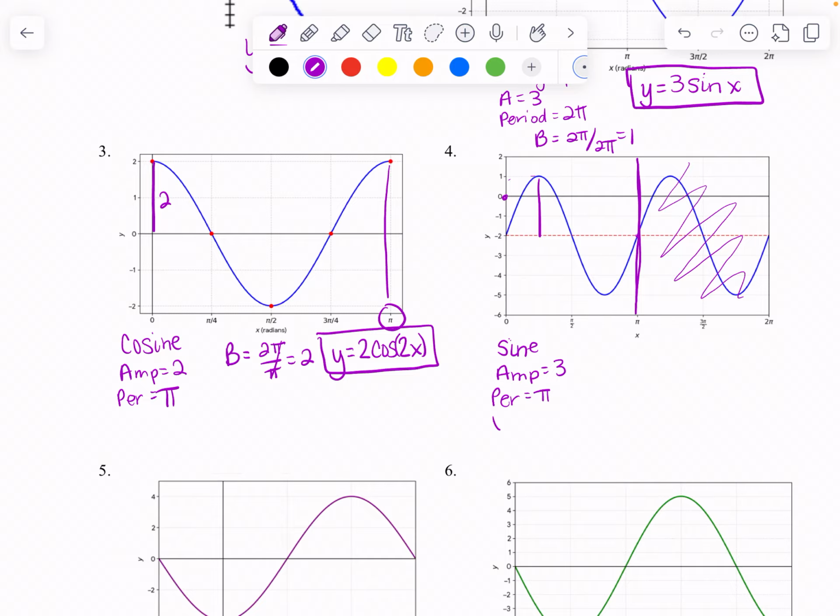And there's a vertical translation because my graph is down. It starts down here at negative 2.